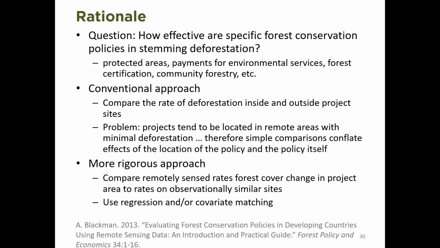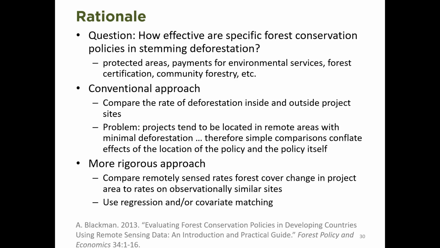You tend to find that these types of spatially delimited policies reduce deforestation rates. But that's often because you're just conflating the effects of the location of the policy with the effects of the policy itself.